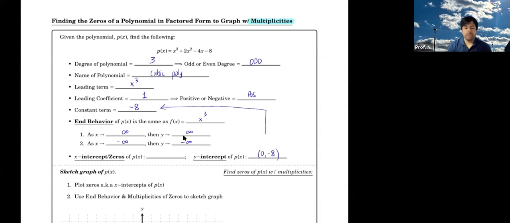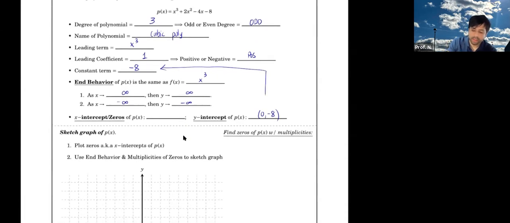Now, what are the zeros? Remember what we have to do. We have to set the polynomial equal to 0. And then we group, right? So when we group this, what do we get?